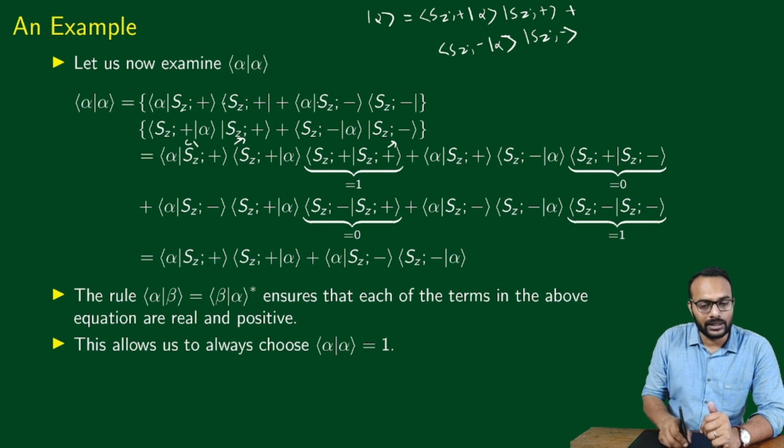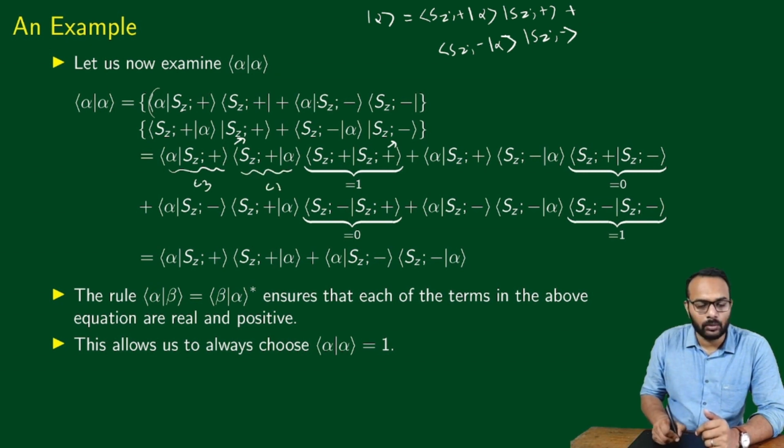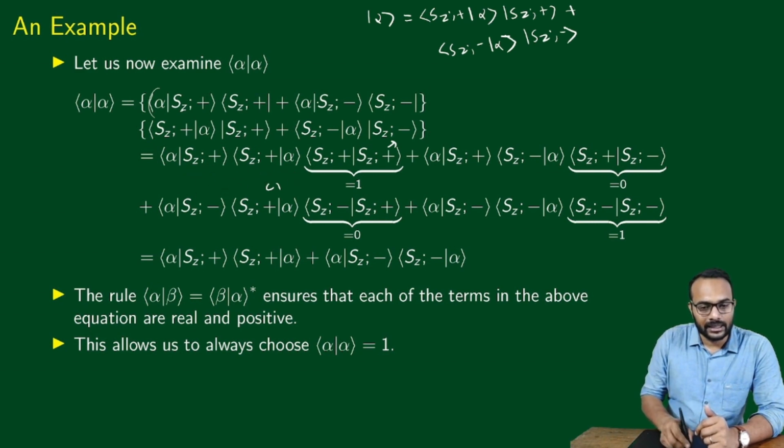We are taking the inner product, so we take the inner product of each term. First term, you combine this with this. Now these are numbers. We separate out the numbers. This is C3, and this is basically C1. So these numbers I write first.